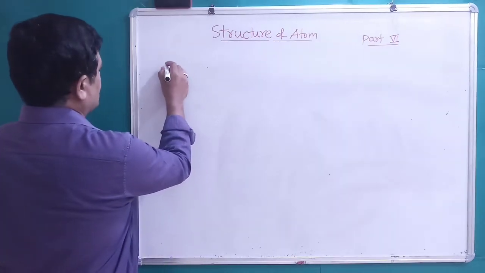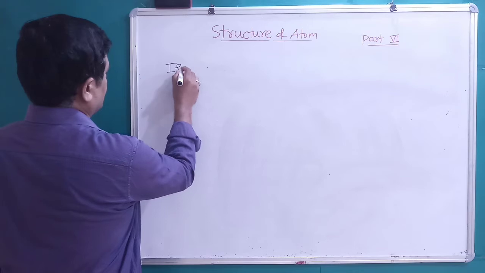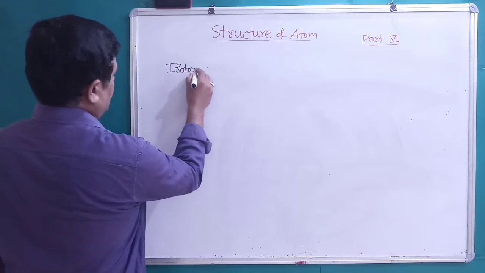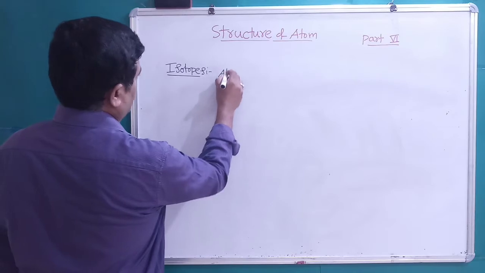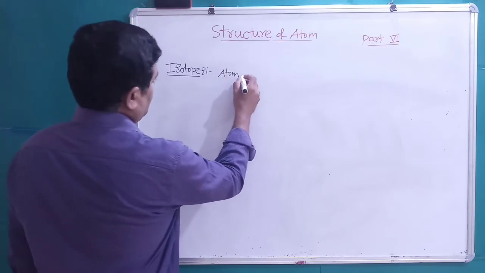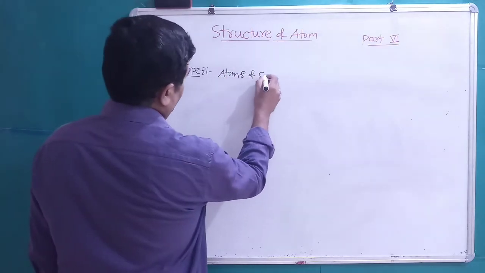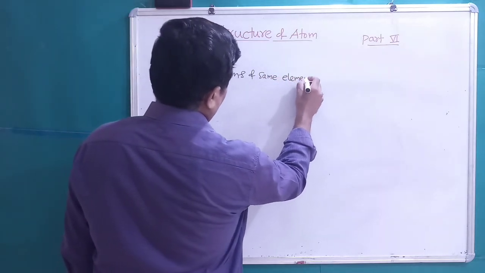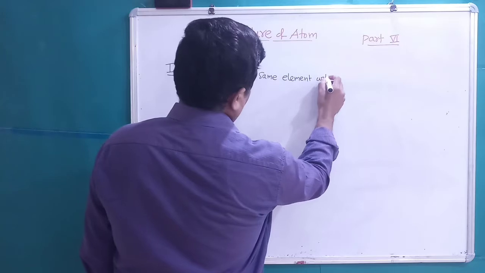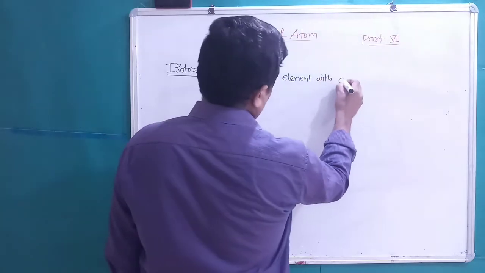Let us continue our discussion with isotopes and isobars. Next, isotopes. Isotopes are the atoms of the same element with different mass number.